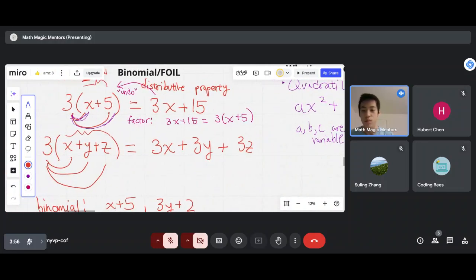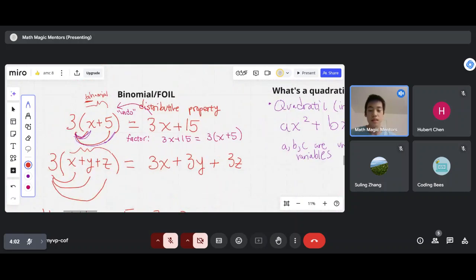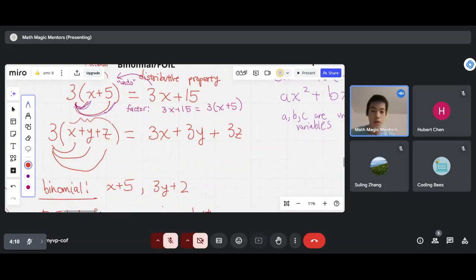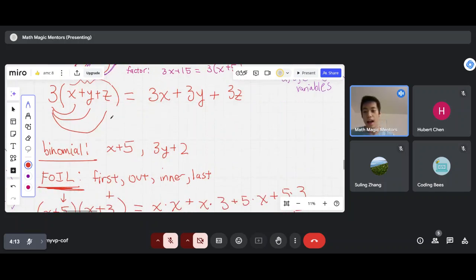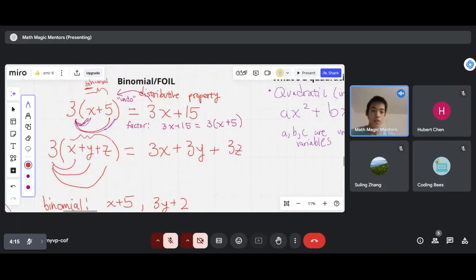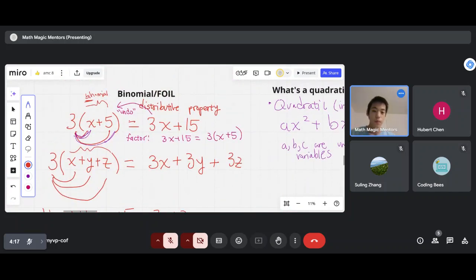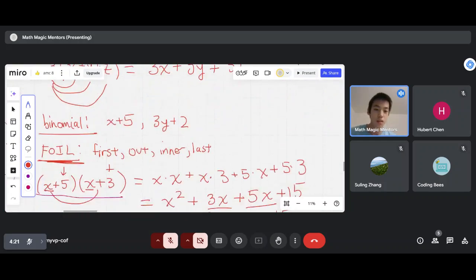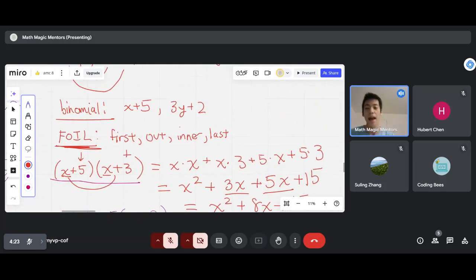And essentially, you're just multiplying 3 to every single one of the terms. And so that's basically the general idea of distributing a term to multiple terms. And so you can extend this idea to essentially any number of terms when you're distributing an expression to another one.